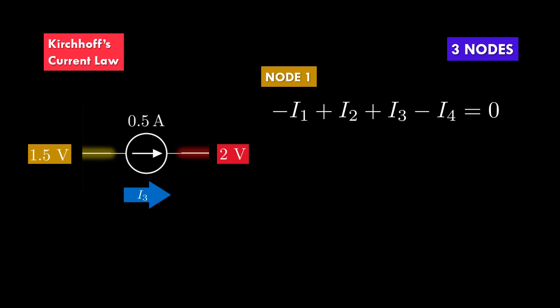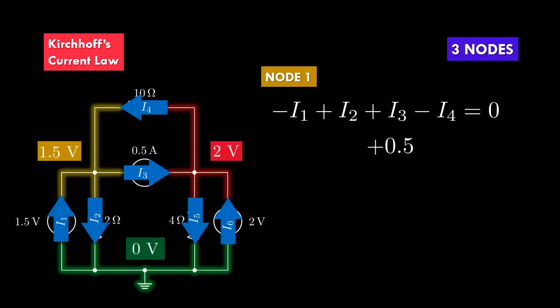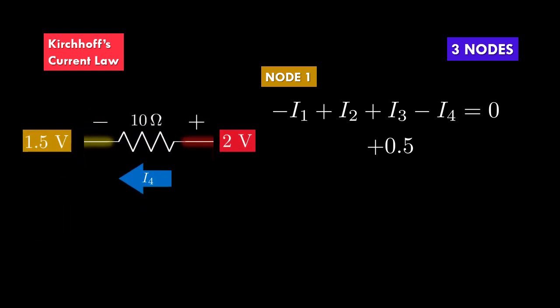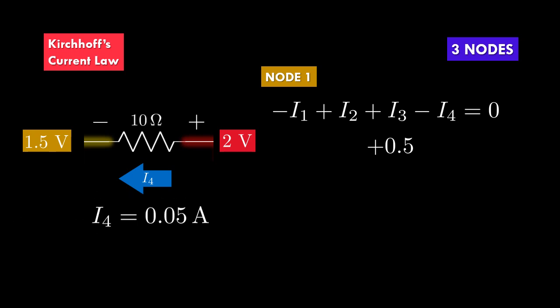So we have figured out that the current I3 will be 0.5 amperes. Can we find out any more current? Yes, we can. From this 10 ohm resistance, we can use its component equation to figure out the current. Because we know the voltages on both ends and its resistance, we can use resistor's component equation, aka Ohm's law. We get the current to be 0.05 amperes. We have figured out the value of I4. Let's put it in the node equation.